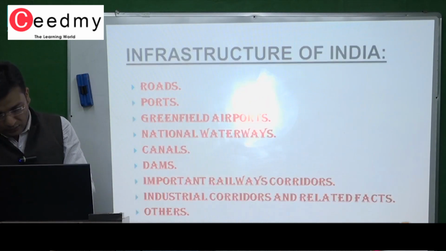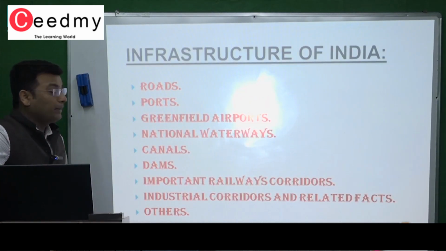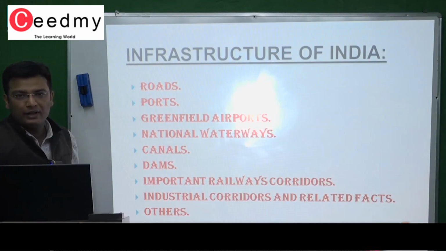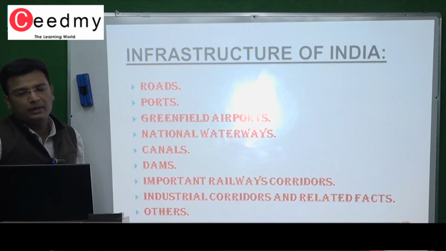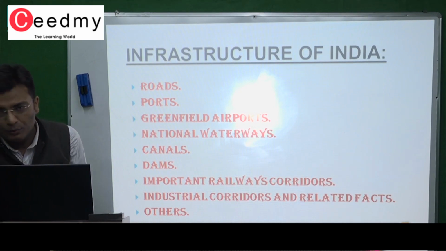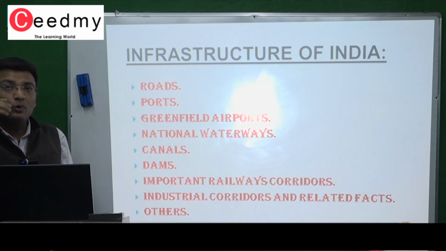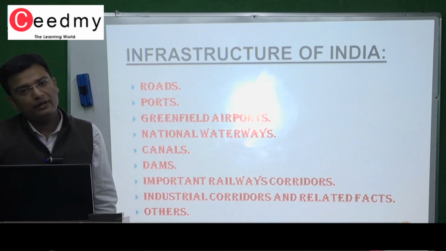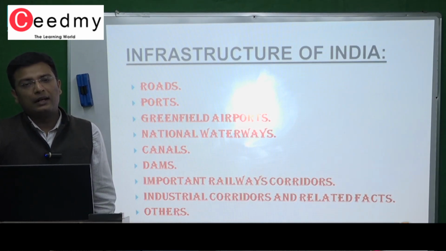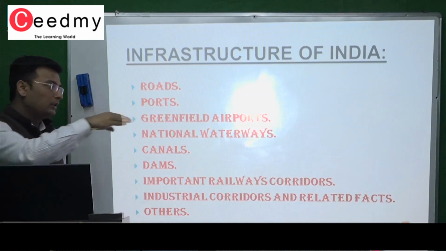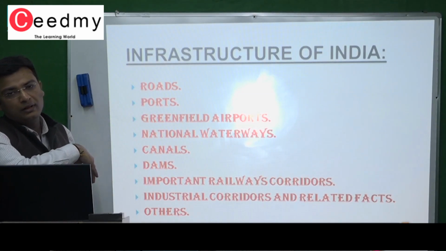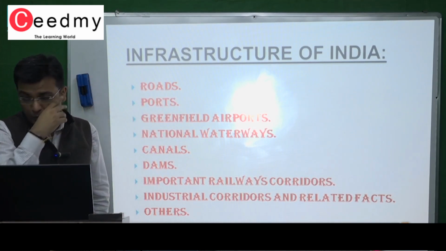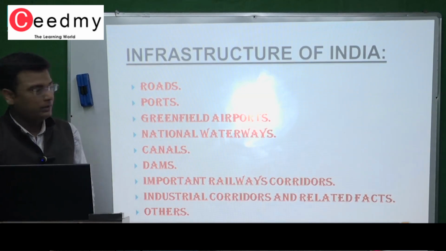Then infrastructure of India. I will cover the important roads, important highways, important internal border roads, particularly ports in India, new ports in India, the first port which is fully privatized, the first biggest port in India, the new ports, the importance of the difference between ports on western India and eastern India, and the greenfield airports due to the Udan project.